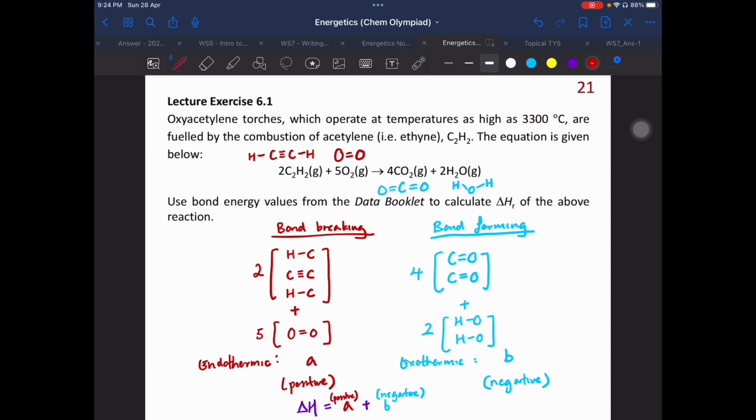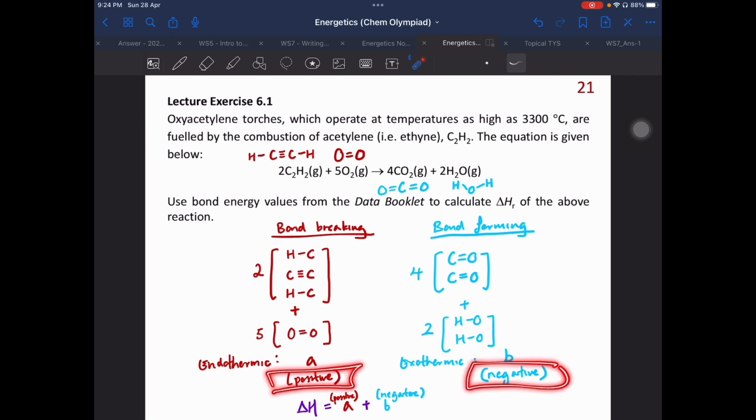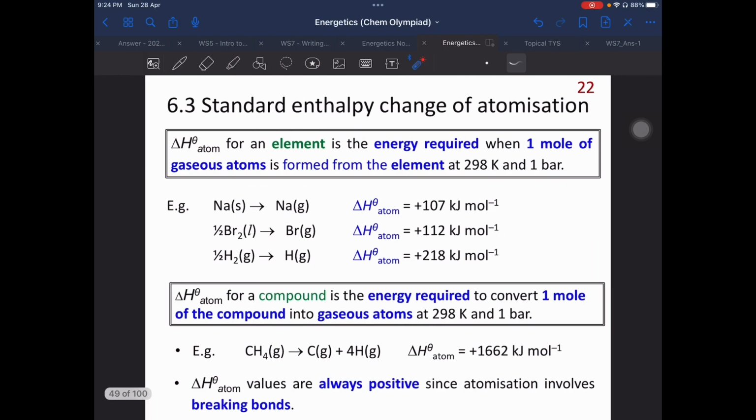I think this is something that you need to think of yourself, because the last thing you want is that you have calculated everything, but you forgot about the kind of energy change, whether it's positive or negative, and you just add them up. And then you would not be able to address the enthalpy change, right? So that is something for you to take note of.